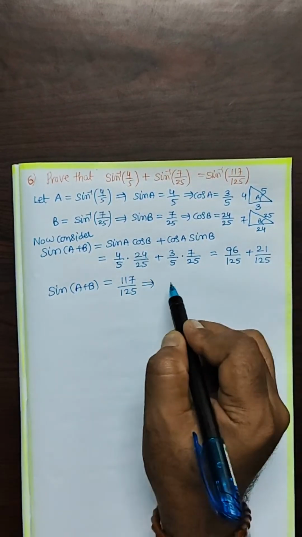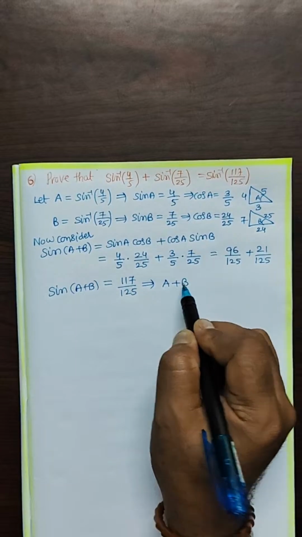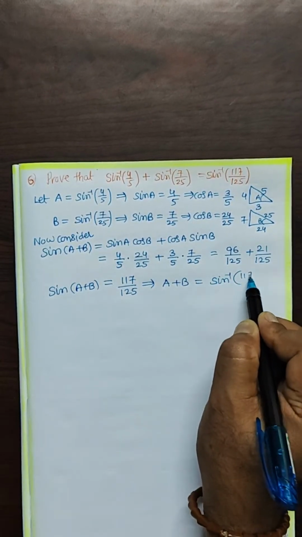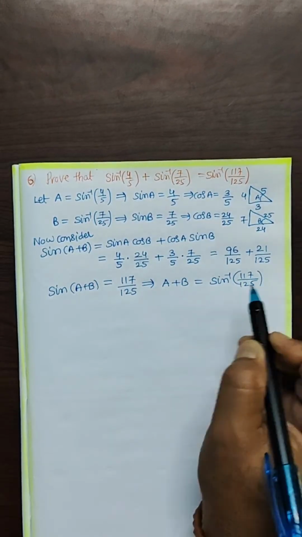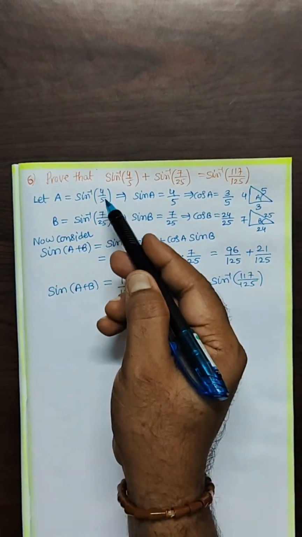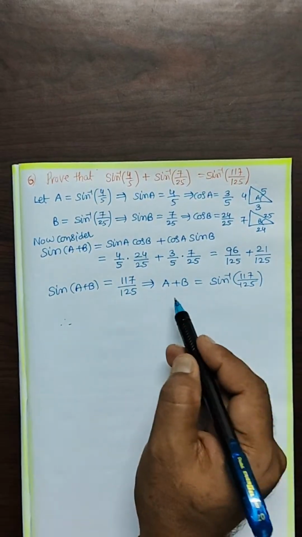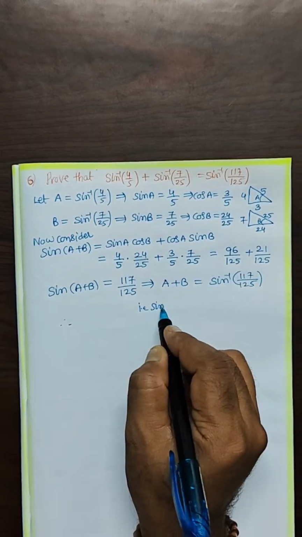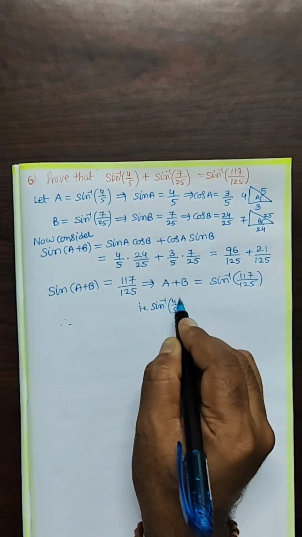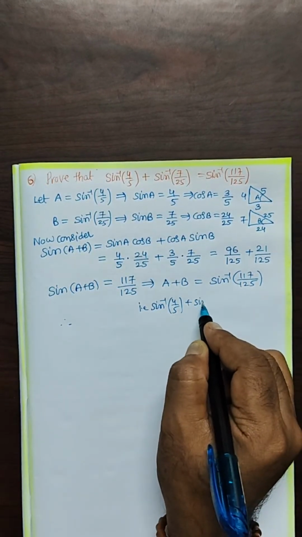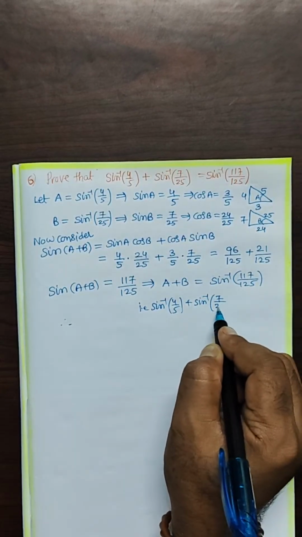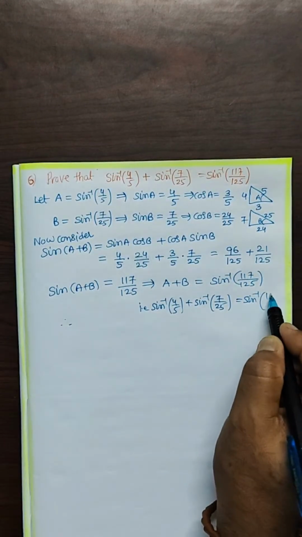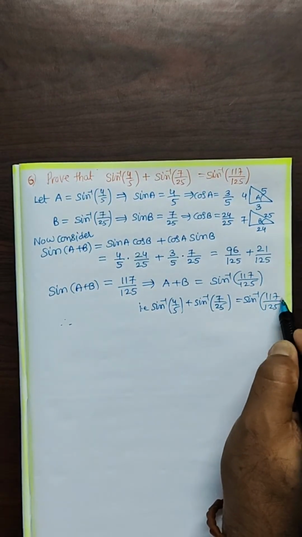That implies that a plus b is equal to sine inverse of 117 divided by 125. What is a, what is b? We assumed these two. Therefore, in place of that, sine inverse of 4 by 5 plus sine inverse of 7 by 25 is equal to sine inverse of 117 by 125.